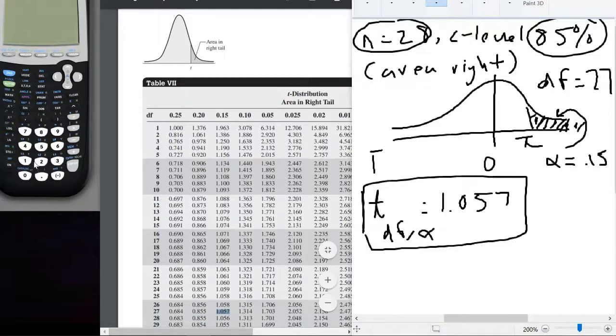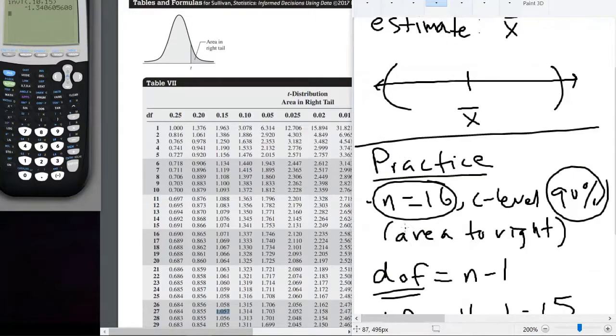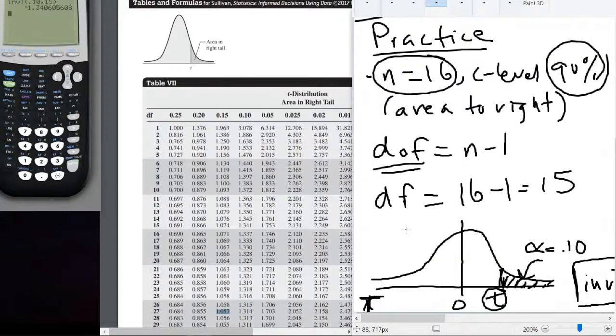And if you wanted to, we can also verify the previous example. Remember when we got the 1.34? Let's go back to the previous example just to check. In this example, we had an area of 0.10.